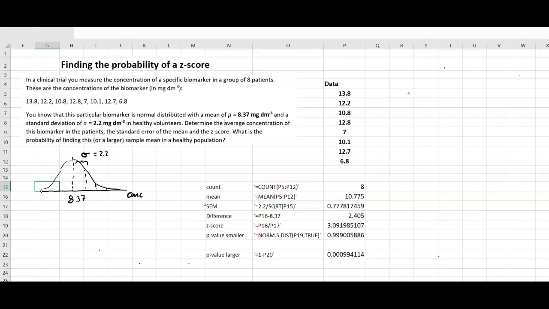And we know that in a normal distribution, we've got 68% of the data here within one standard deviation. Now, of course, when we take a sample, then we would use a different distribution.